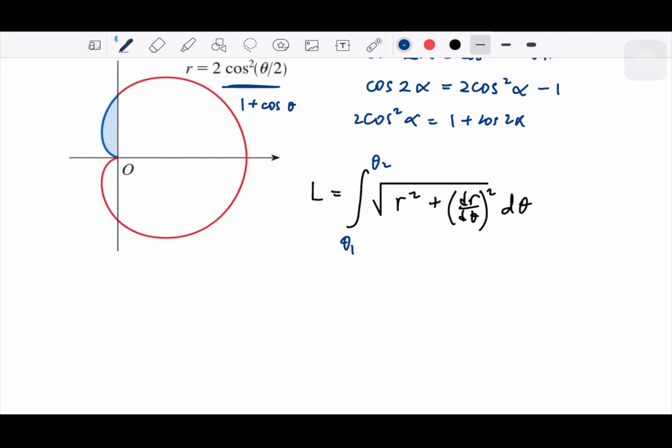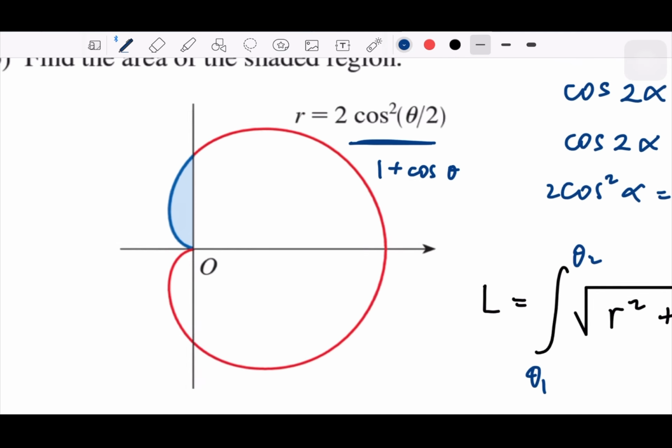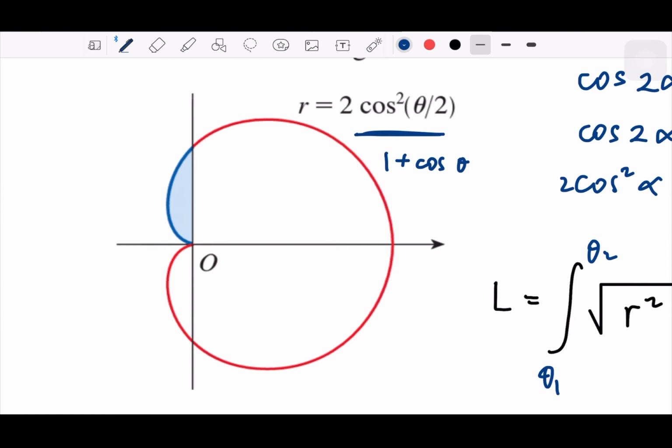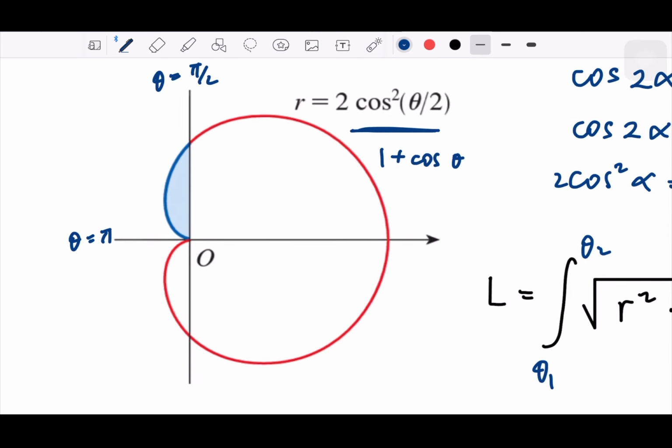And from this picture, if we just want to calculate the blue line, it means we compute from this angle to this one, right? From theta equal pi over 2 to theta equal pi, right?